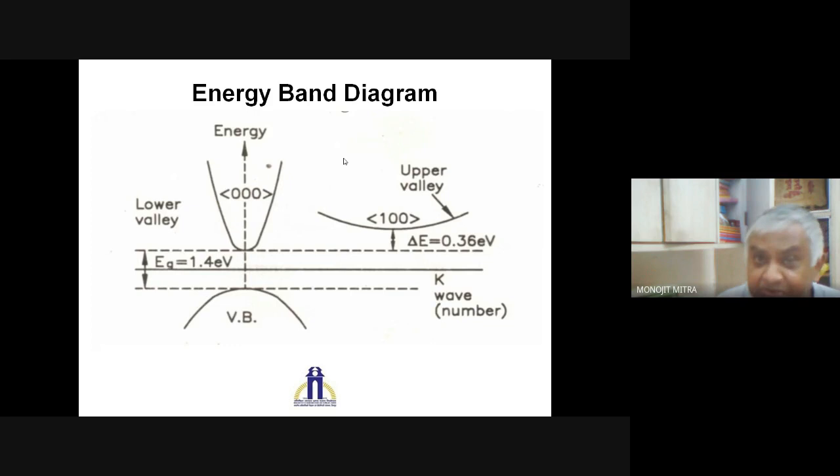But the distribution of these electrons, that means this is the conduction band and these are the two energy levels of the conduction band. Most of the electrons will be in the lower valley of the conduction band, and a few who have got a little bit more energy will be in the upper valley.